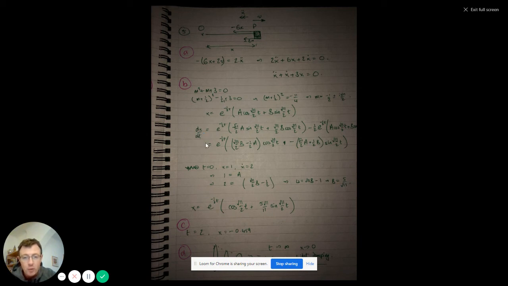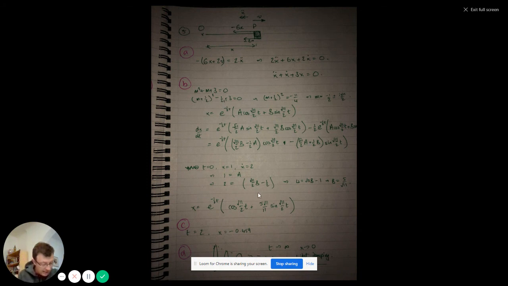So we've got 2 equals 1 times, this whole thing is 0, this is 1, so 2 equals this. Then I just times by 2 and messed around with it to get what b is. So there's my expression for x: x equals e to the minus a half t times that.